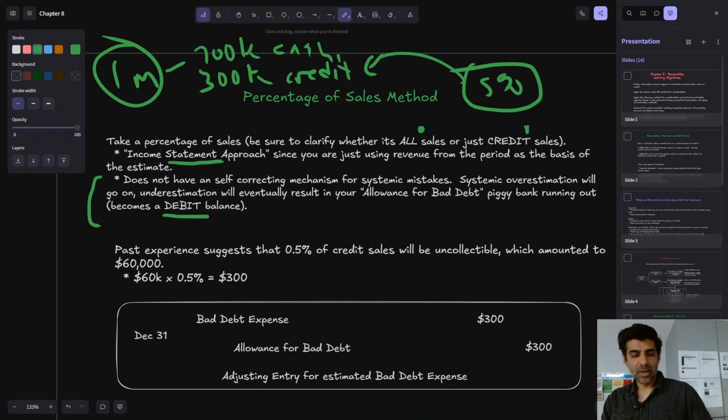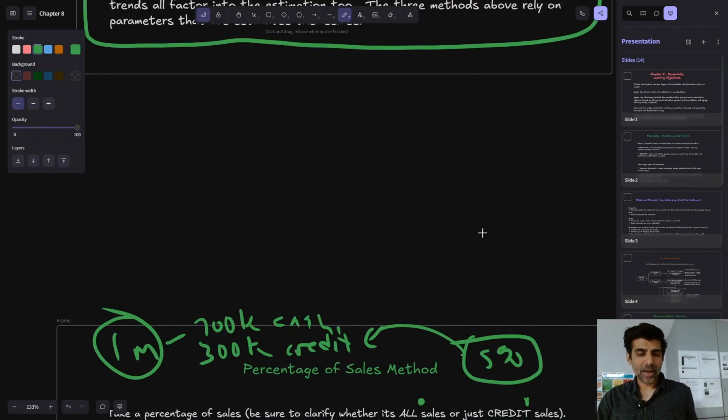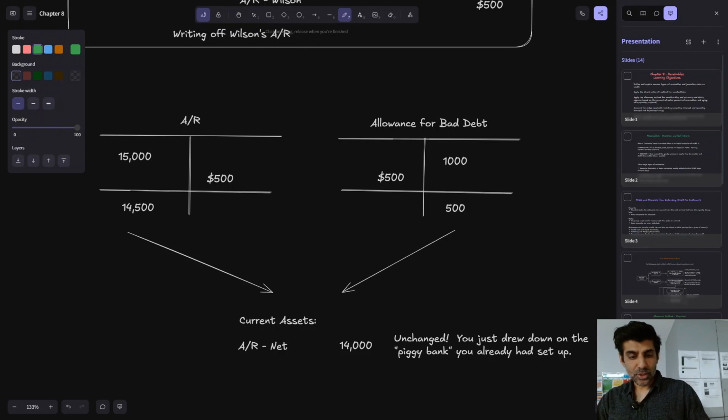Again, your allowance for bad debt should always be a credit balance because it's a contra account. So if you keep making structural mistakes and it eventually becomes a debit balance, your accounting for bad debts cannot continue. You have to at least get it to zero. You cannot allow the allowance for bad debt to be a debit balance.